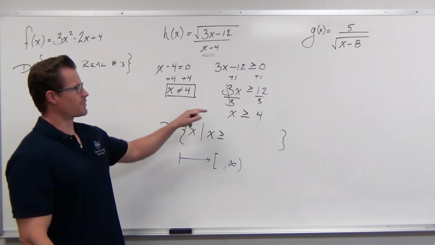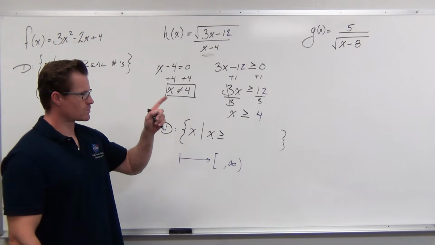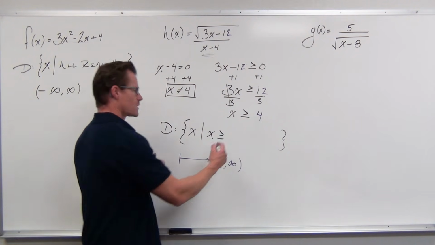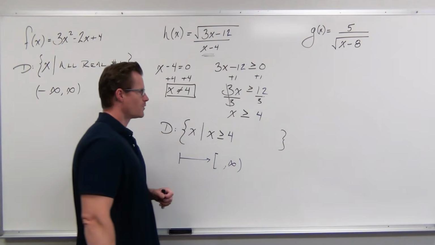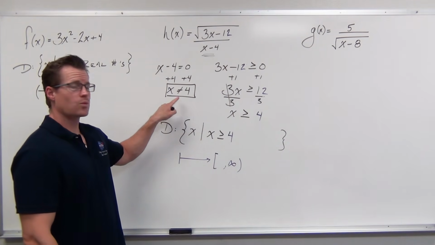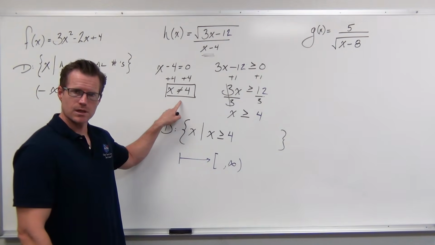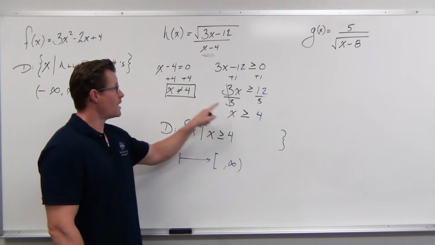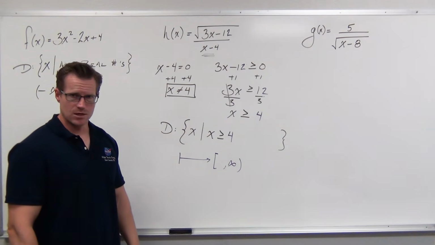If we end with, hey, in order to make that square root positive, you need numbers bigger than or equal to 4. All right, I need numbers bigger than or equal to 4. Is this now relevant? Absolutely, because this says I need numbers that are greater than or equal to 4, and this one says you can't equal 4.